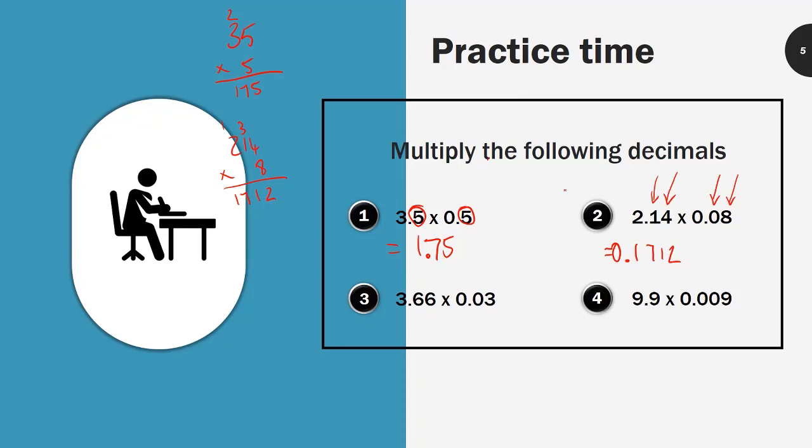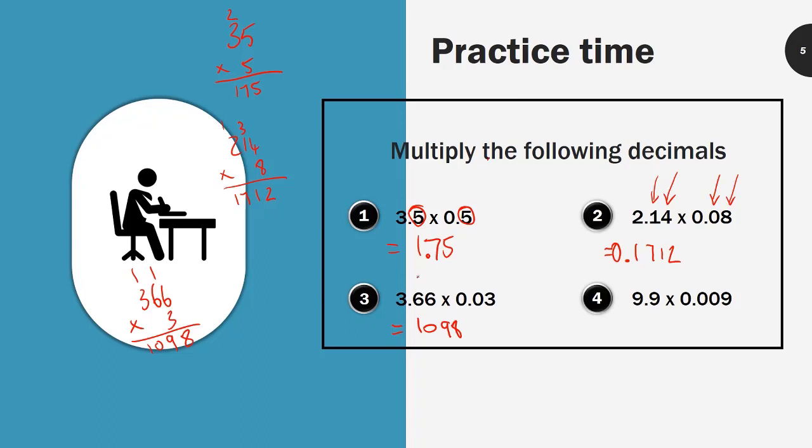This next one here, I've got to do 366 times 3, okay? 3 sixes gives me 18, 3 sixes gives me 18 plus the 1 is 19, and 3 threes is 9 plus the 1 gives me 10. So over here I've got 1098, okay?